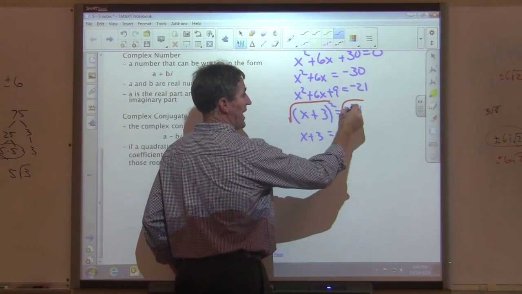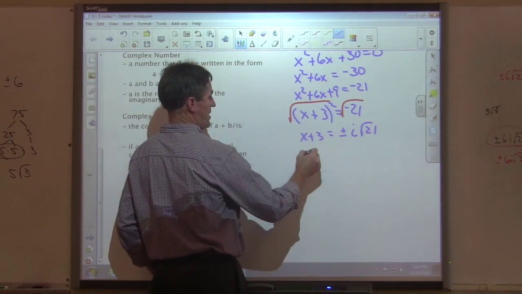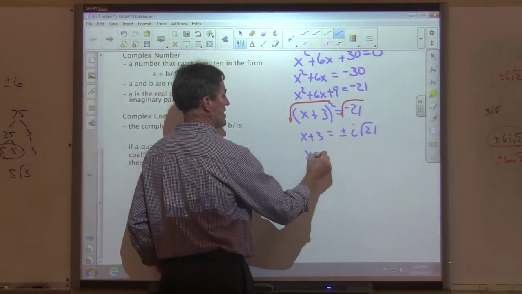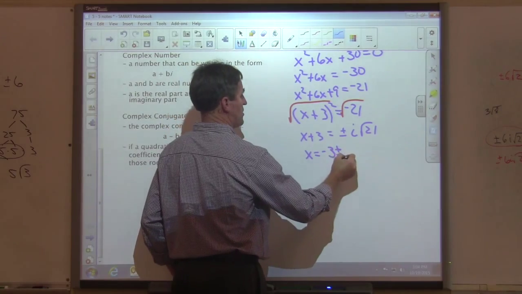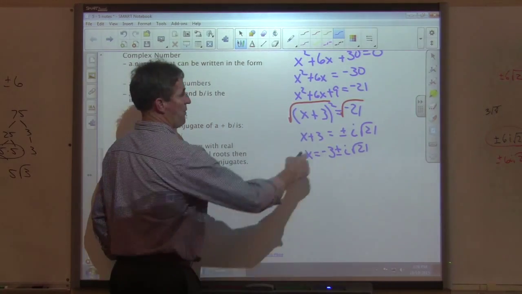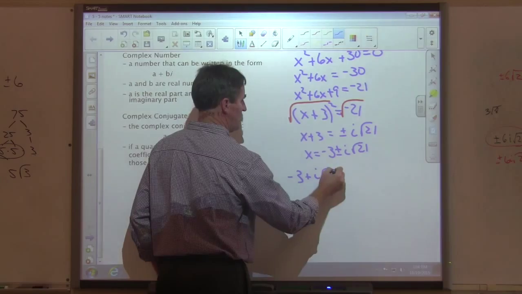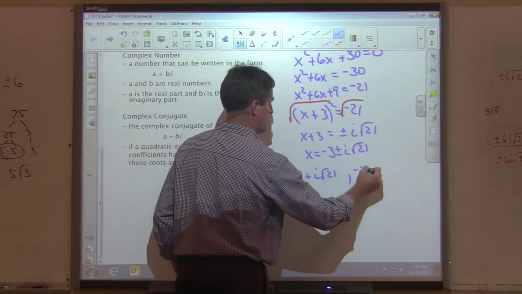Now here's where we get the negative. So we just go I square root of 21. And then we subtract 3. So x equals -3 plus or minus I square root of 21. So if I wrote those as two separate answers, which you don't need to do, it would look like this.